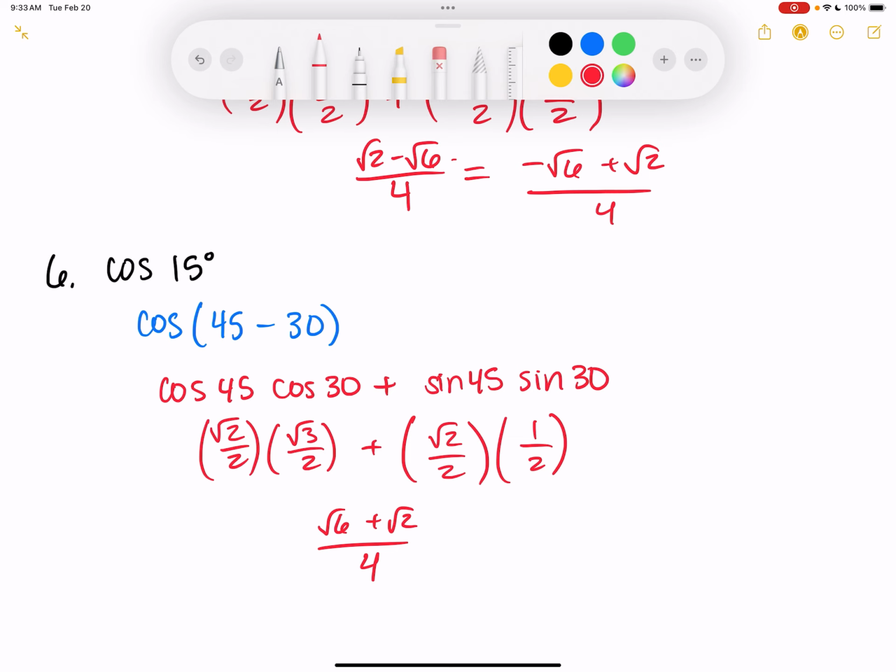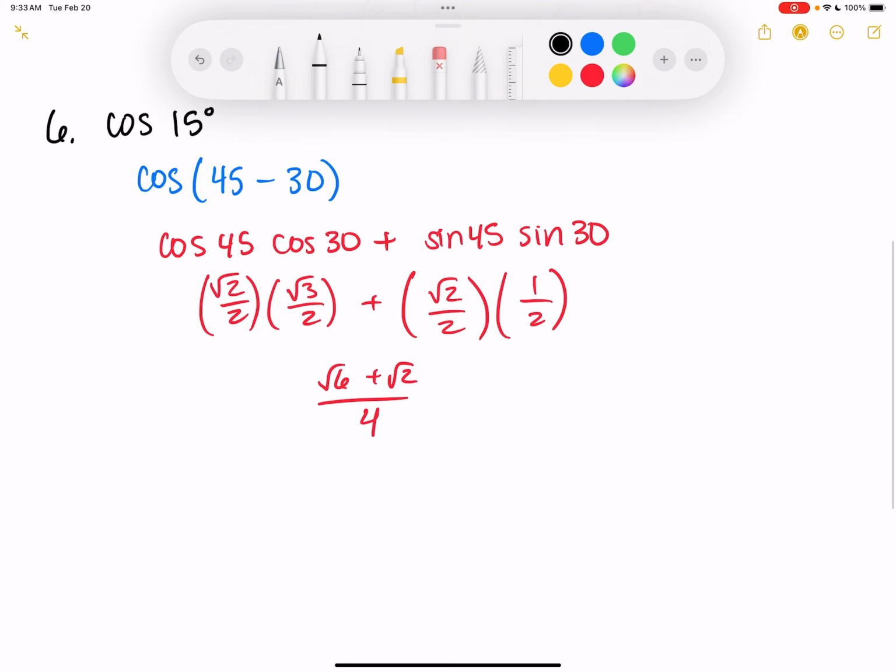They're going to have some form of the numbers, like the square root of 6, square root of 2, 4, and then with tangents, you'll deal with 2's and square roots of 3. Those are the primary numbers. So if you get something other than that, you've probably done something wrong in most cases.